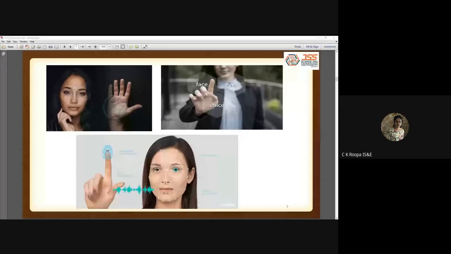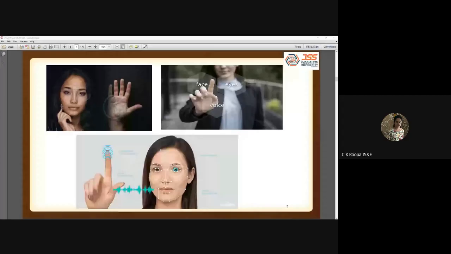This is called multimodal biometrics, where we try to combine the different traits, like face goes with the voice and voice goes with the eyes, right? All three are individual traits, but in this problem we try to combine the face versus eyes versus voice, which gives better identification of a human person.